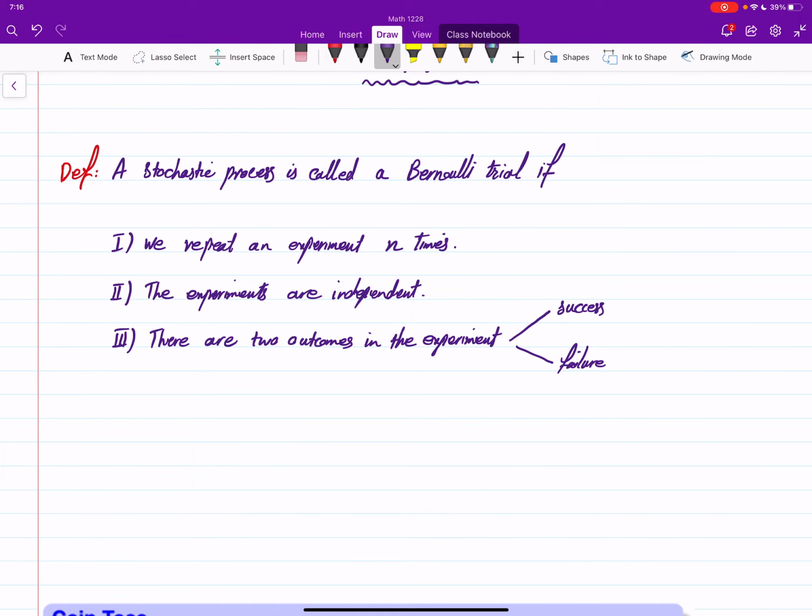Since the experiments are independent, the probability of getting success will always stay the same, and we denote it by P. On the other hand, the probability of failure, which we denote by Q, is the complement of the probability of success, which is 1 minus P.